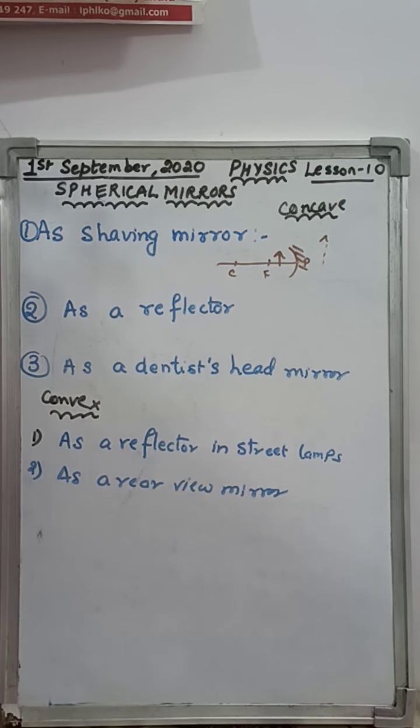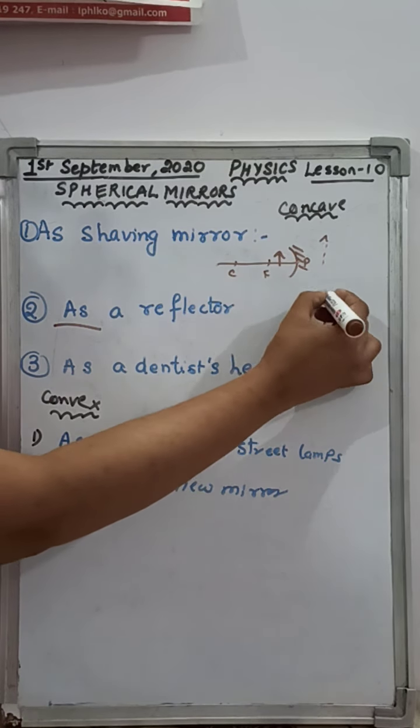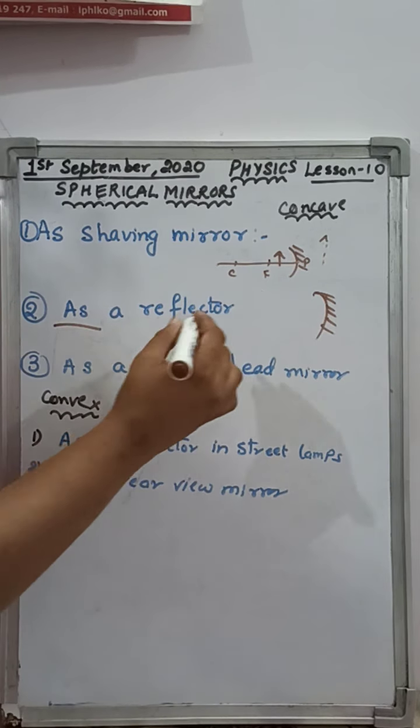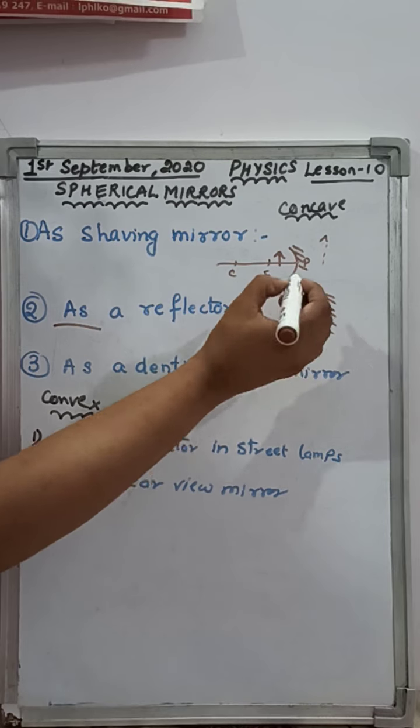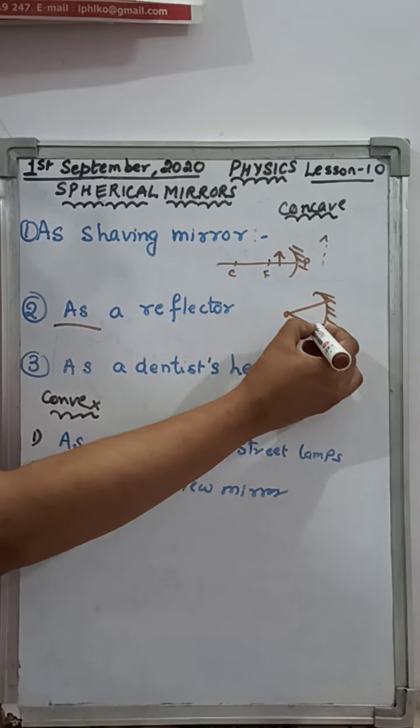Now the second use: as a reflector in torches, searchlights, and headlights of automobiles like cars and cycles. The concave polished metallic surface is used as a reflector. Suppose this is your concave mirror and here is a bulb, and the light is coming from this bulb.